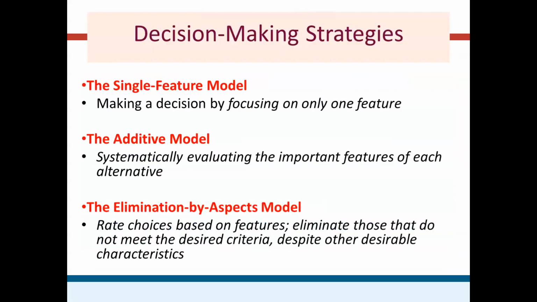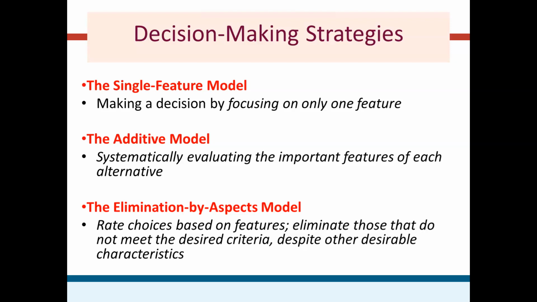So let's first come up with some definitions of each of those strategies for decision making. The first one is the single feature model. That's when we make a decision by focusing on only one feature. The second strategy is the additive model.